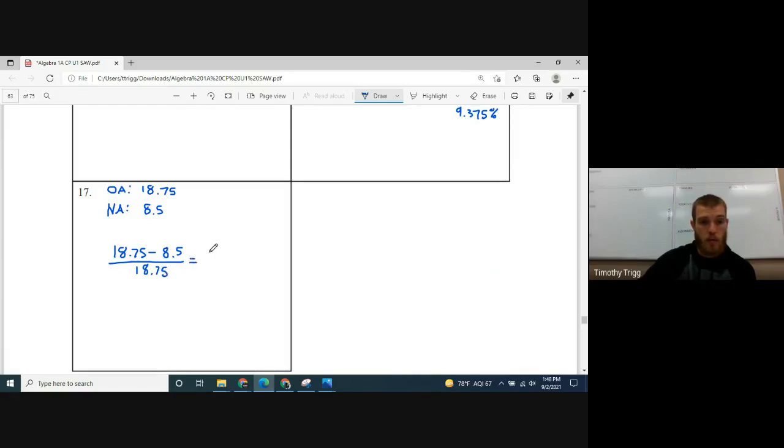Okay, so this gives you 10.25 over 18.75, which gives you 0.5467, we'll say. I know the 6 is repeated, but if you round there. To change that to a percentage, you move the decimal over twice. So that's 54.67%.